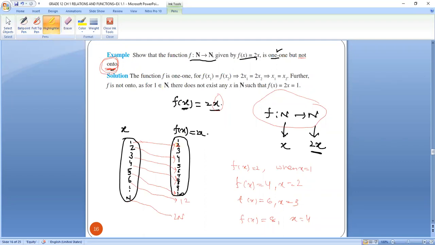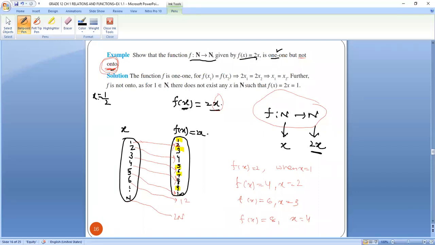This is not onto because all the elements of set B are not connected. Yes, because see the element 1, the element 3, the element 5, the element 7, the element 9, and so on. Every odd element in the second set has no pre-image, right? If you want 1 to be connected to any element, that means x should be 1 by 2.